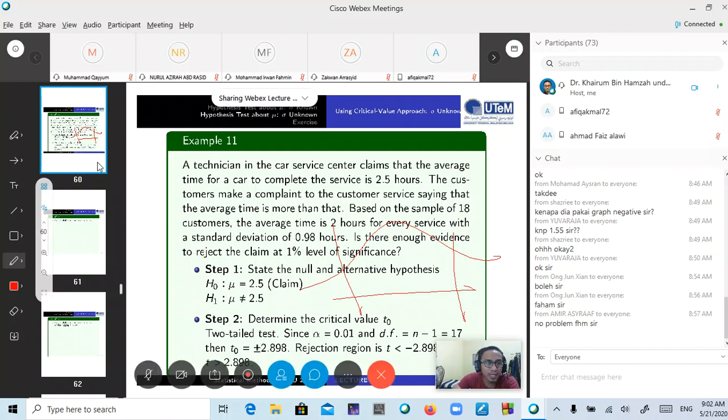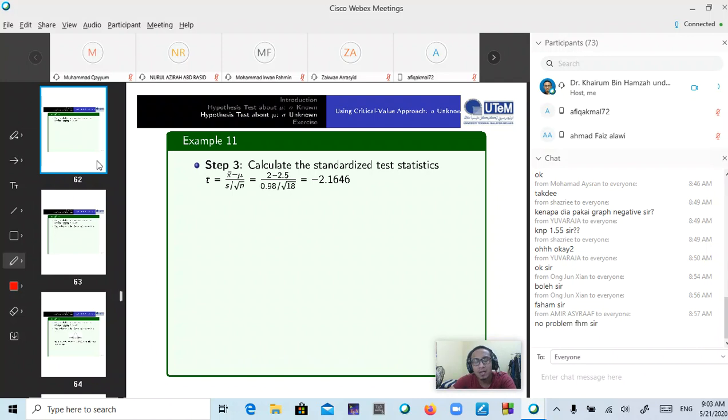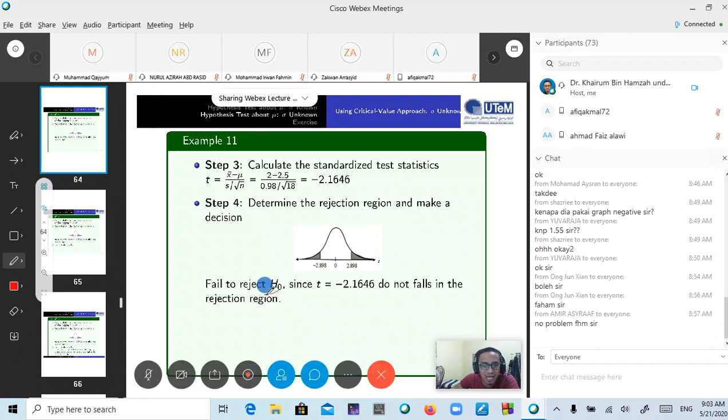Okay. So next, we calculate value of T sama sahaja. So you can get negative 2.1648. And then, we fail to reject H naught.